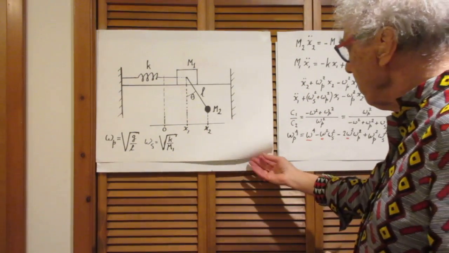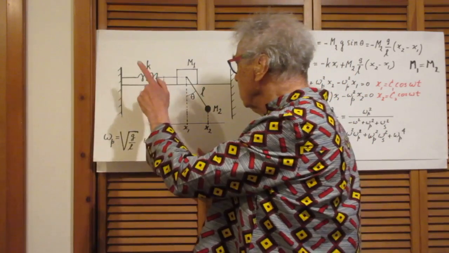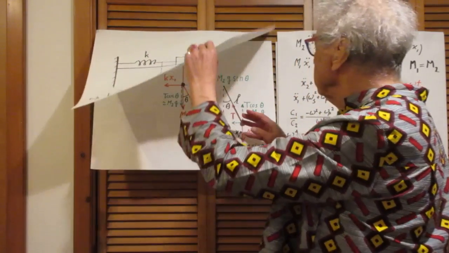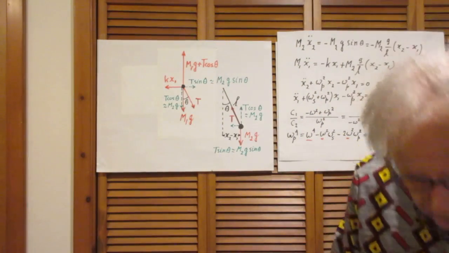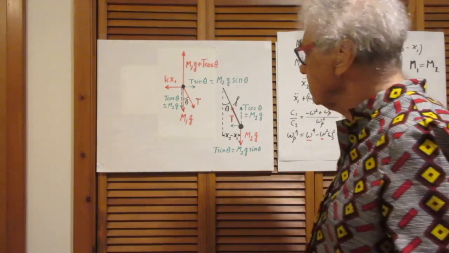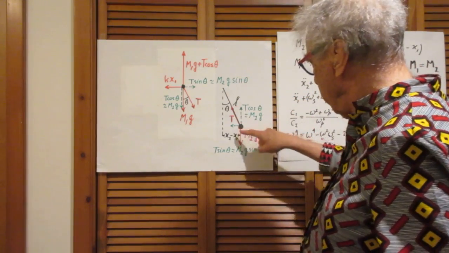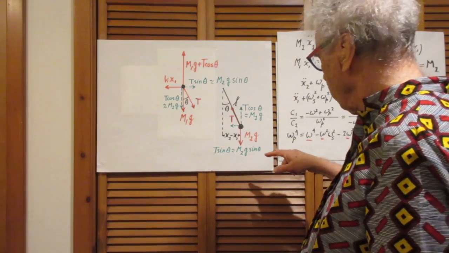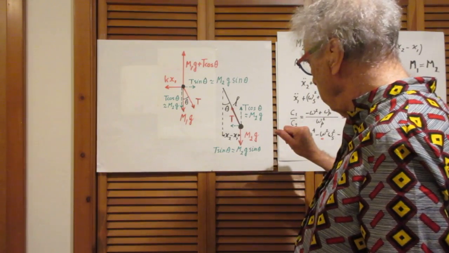Let's now make a free body diagram of this object and of that object. So let's start with the pendulum. The pendulum is here. There are only two forces on the pendulum.